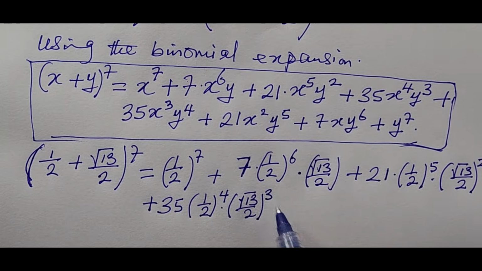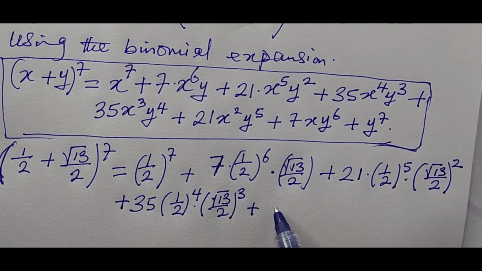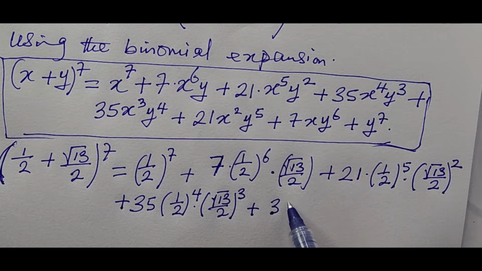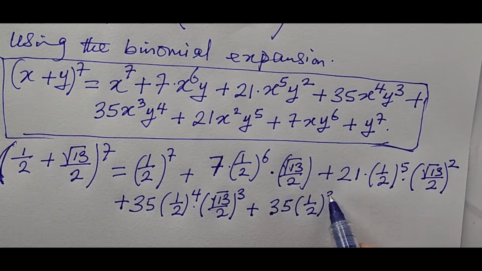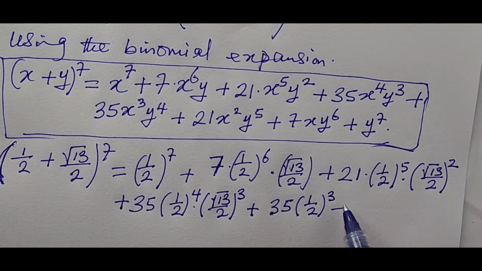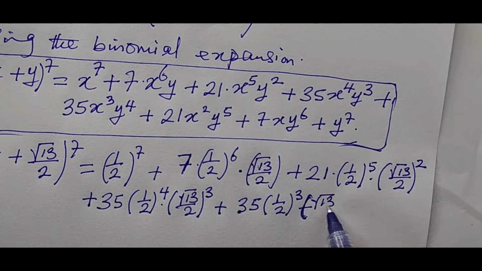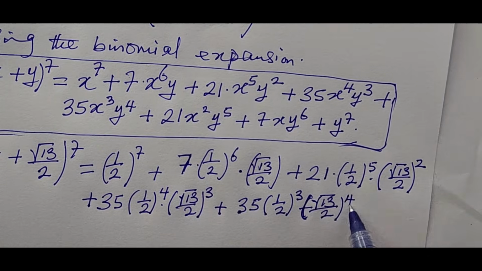then plus the next term gives us 35 again, the coefficient is still 35, then bracket open 1 all over 2 all raised to the power of 3, then times, sorry, here we have times the square root of 13 all over 2 all raised to the power of 4.